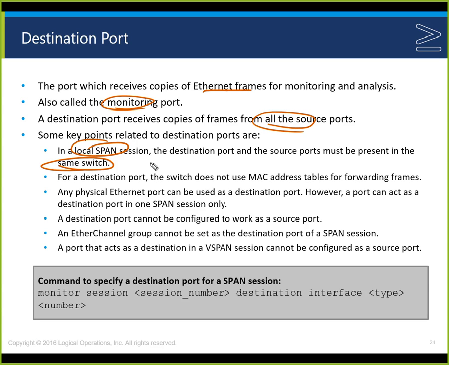And we do have remote SPAN. For the destination port, the switch does not use the MAC address. And if you didn't think about that, if we used the MAC address, then the frame would go to the source port, or wherever it was intended to go, and not to our monitoring port.